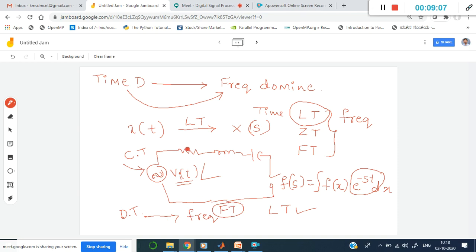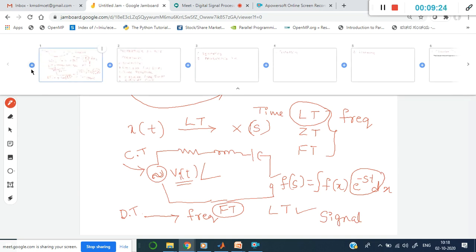Now the point is, all this time I am speaking with respect to signals.